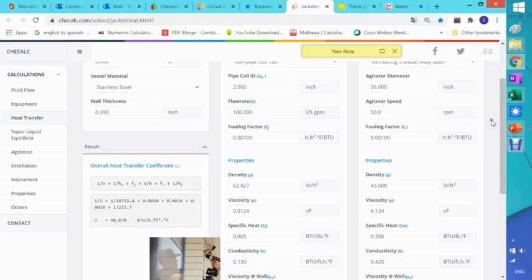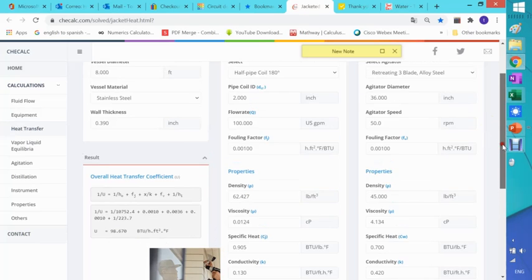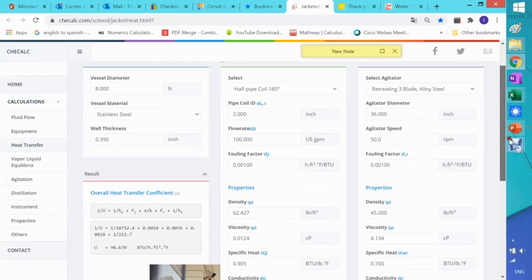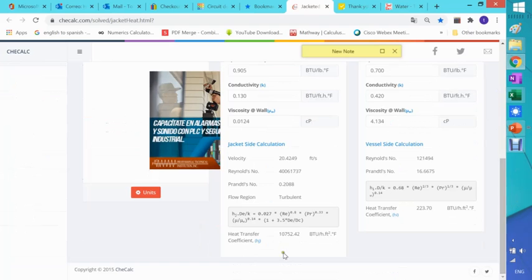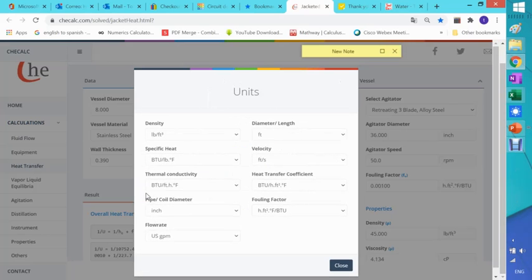I've just opened this web page, and what is being shown here are the default values. So the first thing I will do is go to the units and set them as I would normally do.